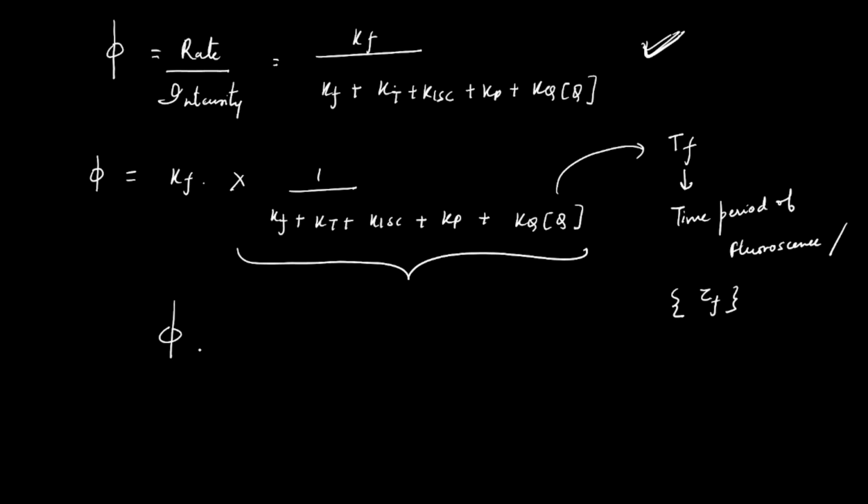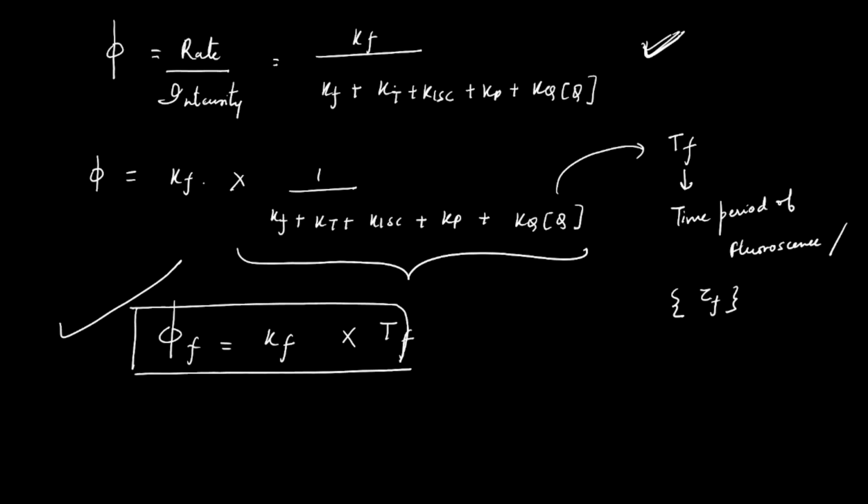So the quantum efficiency of fluorescence becomes Kf, the fluorescence rate constant, into the lifetime of fluorescence. This is your quantum efficiency of fluorescence.